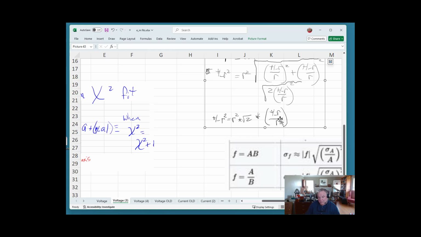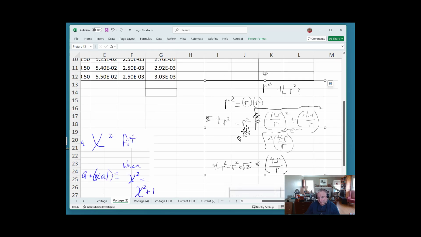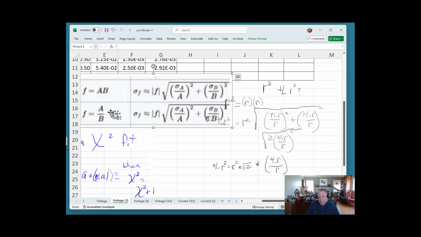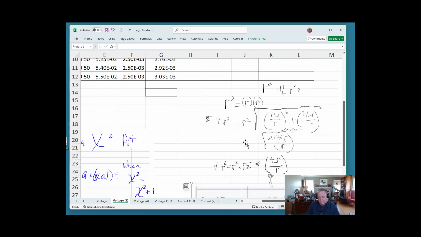When you do the constant voltage or current 1 over r, in that case, the error of 1 over r is a little simpler because the term with the 1, f equals a over b. So if a is equal to 1, the plus minus of 1 is 0 because it's a constant.